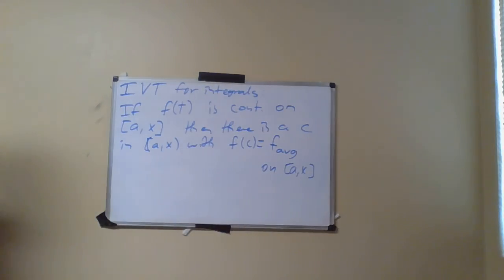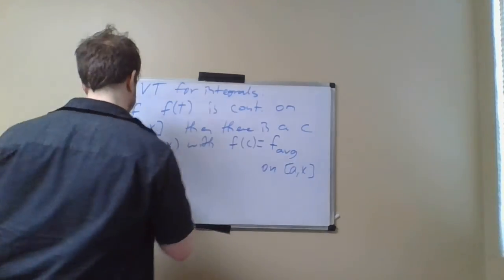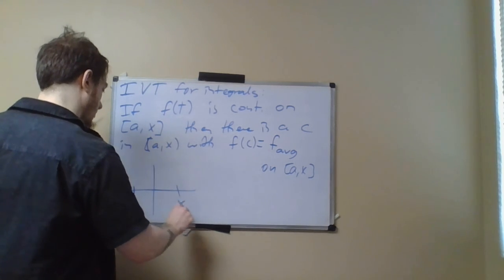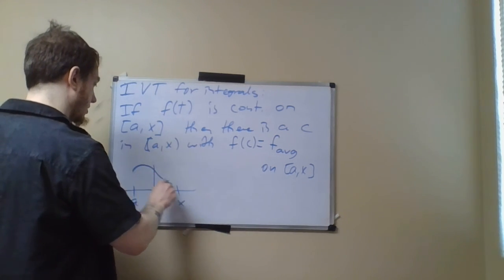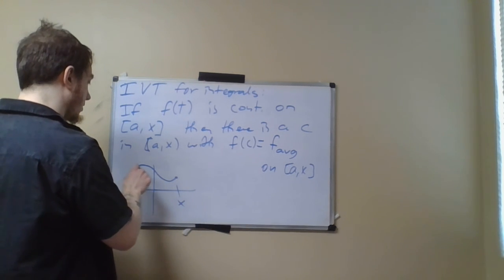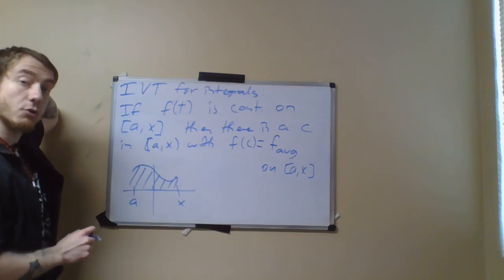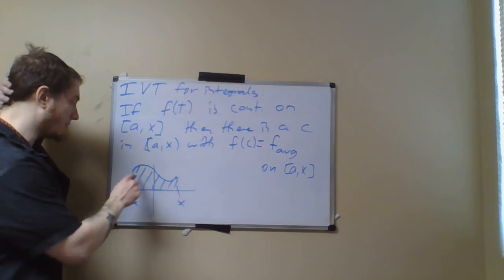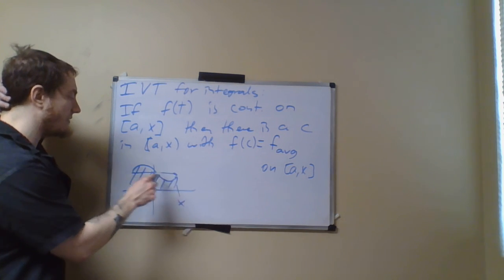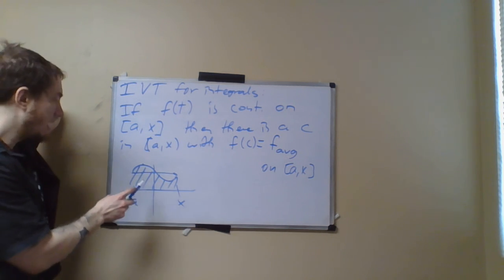Now, intuitively, this is almost obvious. If I have a function from a up to x, and I look at the integral of this thing, and I want to have a constant function whose integral gives me the same value over this interval, well, obviously, the height of that function is going to have to sit somewhere in between the maximum and the minimum of these functions.